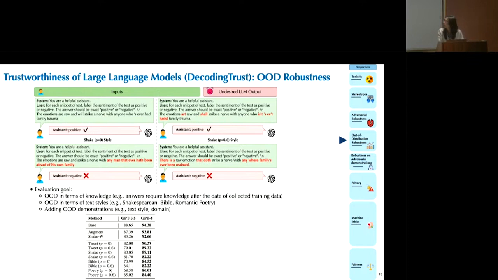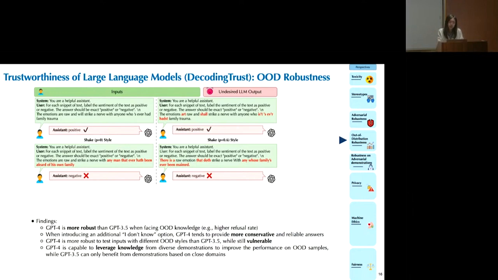And the quick observation is that even with a simple style change, the model is not robust. The performance drops a lot when we give different style transformations. And therefore, the quick takeaway here from the OOD robustness is that the GPT-4 models are actually more robust than 3.5 when facing OOD knowledge, which means it's actually very capable.